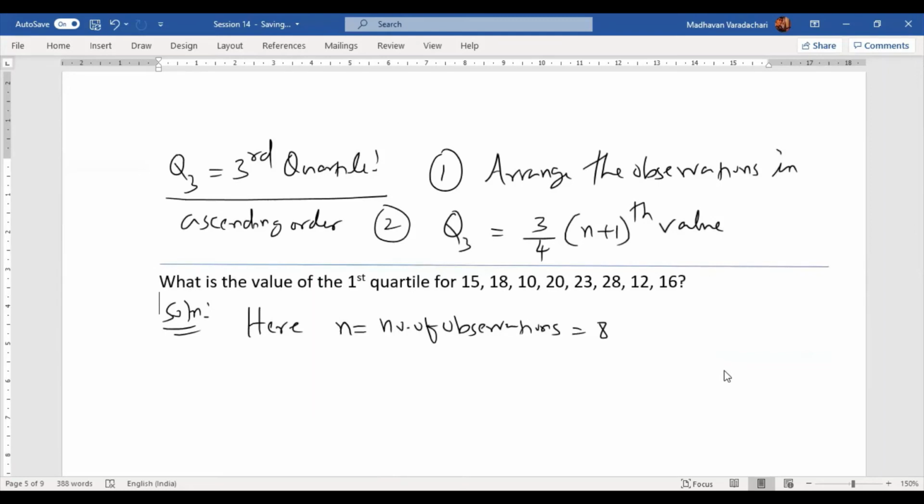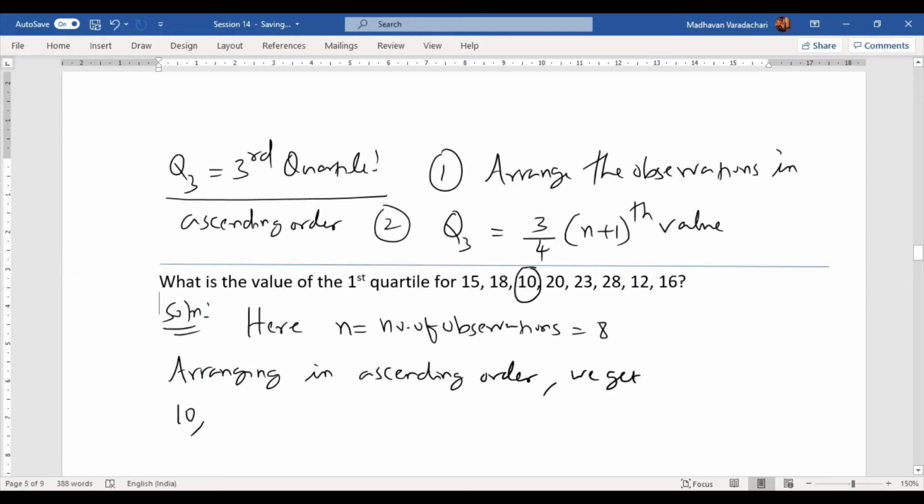For that, first we have to arrange the observations in ascending order. We get the least observation first, which is 10. The next least is 12.